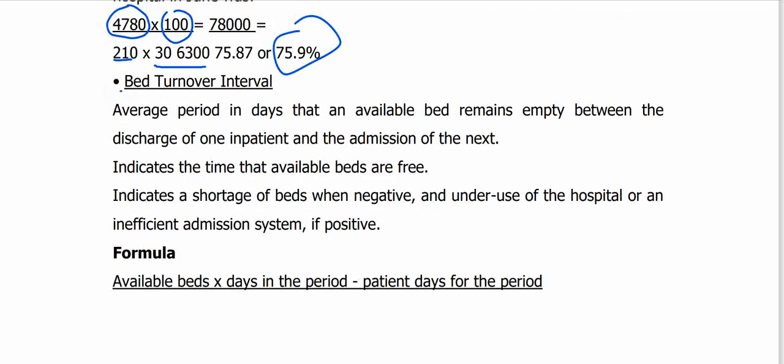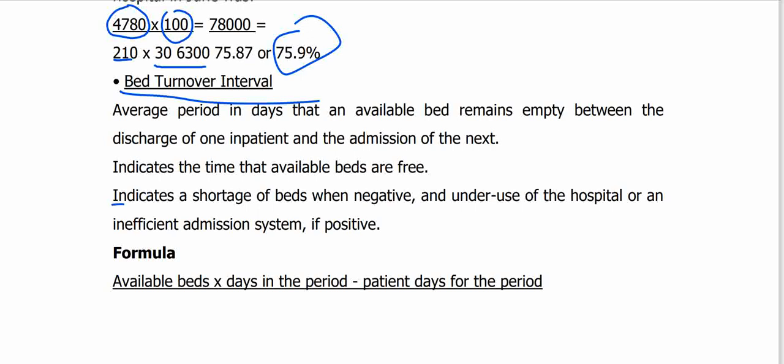All right, so then we have bed turnover interval. Okay, so the average period in days that available beds remain empty between the discharge of one inpatient and the admission of the next indicates the time that available beds are free.